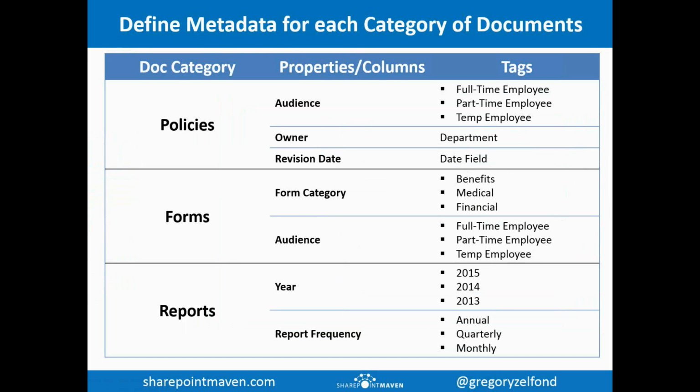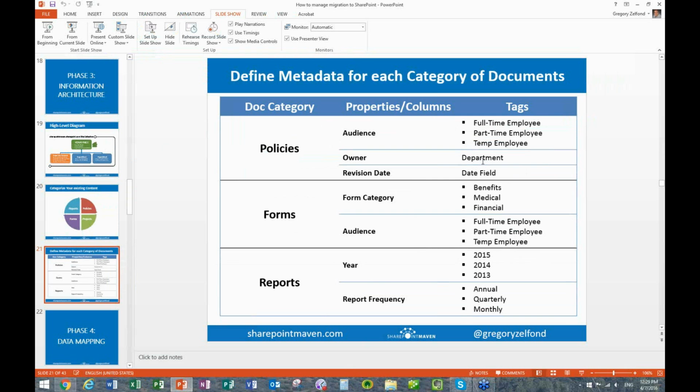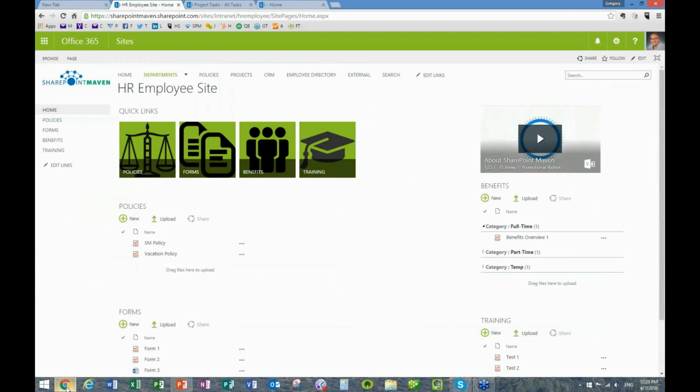If you are sticking with folders, you don't need to worry about that. If you're using metadata, well, guess what? There is no metadata that exists right now. So if you are converting, let's say, policies from files and folders to metadata, you need to define those metadata tags. I apologize, I keep jumping, but I want to show you that example.